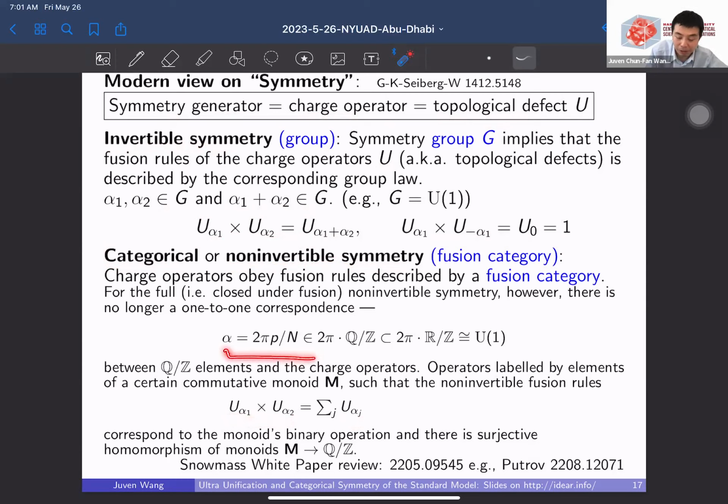In a particular version, we'll look at this subgroup of U(1), where U(1) is R/Z, but we'll look at the rational angles Q/Z. And there is a map between this commutative monoid of the fusion of the charge operators and the rational Q/Z subgroup. People interested can see this review paper or some work of my collaborators on this story.